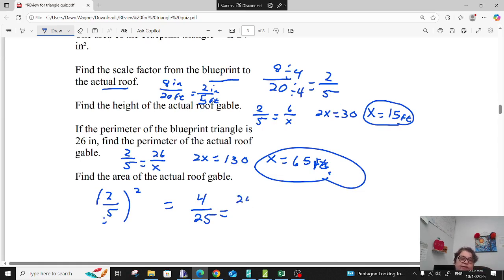So this would be 24 up here, inches squared. And x is down here. So you get 4x is equal to, what's 25 times 24? 600. And then you would divide by 4, which is 150 feet squared.